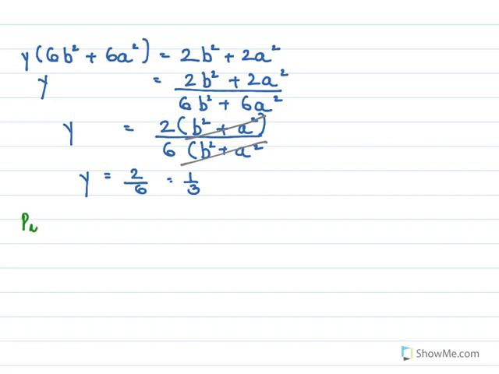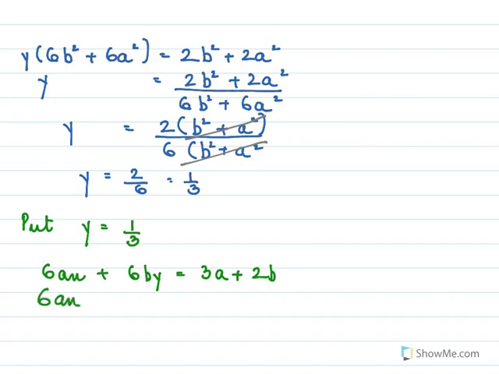Now to find the value of x, put y equal to 1 by 3 in any of your equations. Maybe we'll go ahead and put it in equation 1. So here is my equation 1. Let's go ahead and substitute 6ax plus 6b. Now for the y, this is my y, which I'm going to put here 1 by 3 equal to 3a plus 2b. And now I cancel this out. Becomes 2.